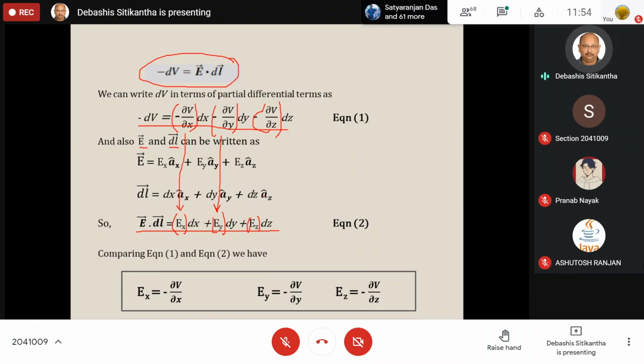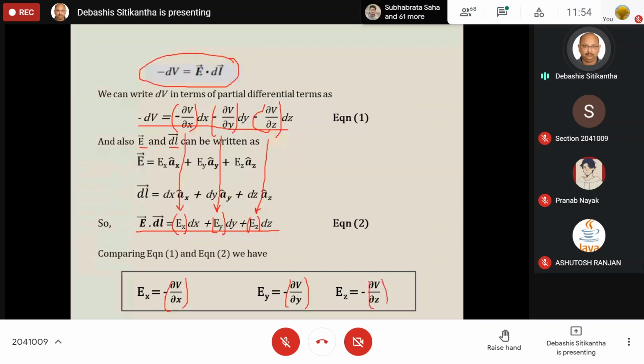So naturally, again, these two must be the same. And finally, we can write that Ez is equal to minus of del V by del z.